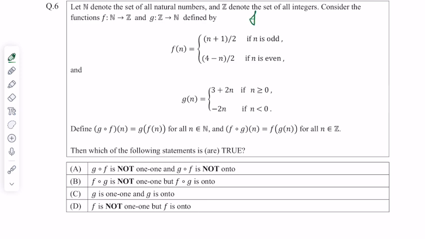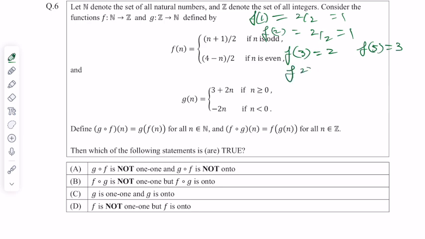So let's say what will be f of 1? f of 1 will come out to be 2 by 2, that's 1. f of 2 will come out to be again 2 by 2, that's 1. f of 3 will come out to be 2. f of 5 in a similar fashion will be 3. And if we talk about the even ones, that is f of 2, we already found out. f of 4 will be 0, and f of 6 will be minus 1, and so on and so forth.